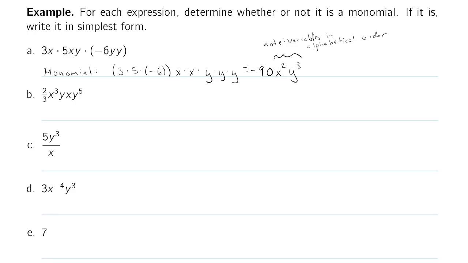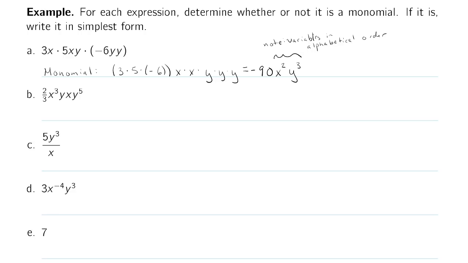Okay, so that one was a monomial. How about this one? Well, we have the number 2/3 multiplied by x to the third power. That's just 3 copies of x multiplied together. Multiplied by y, multiplied by x, multiplied by y to the 5th power. That's just 5 copies of y multiplied together.